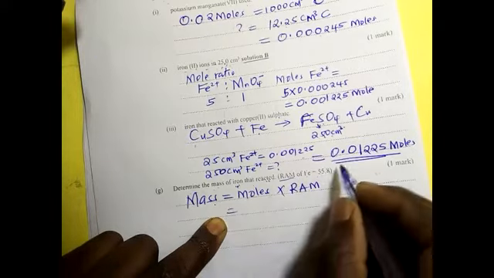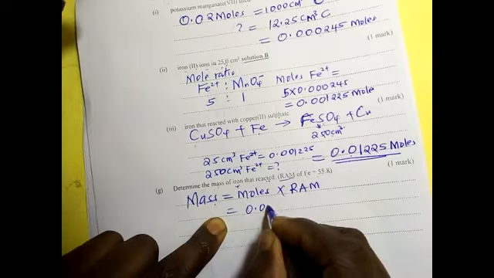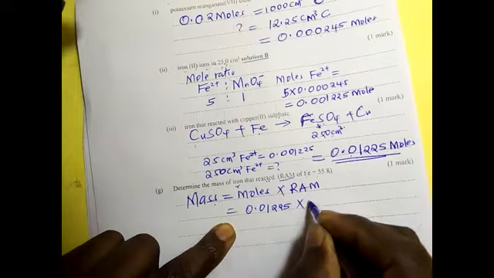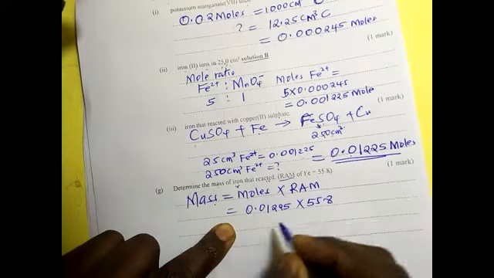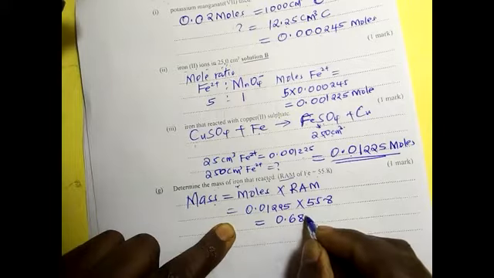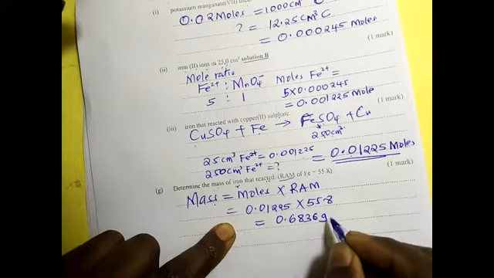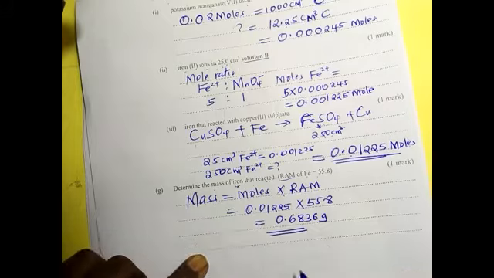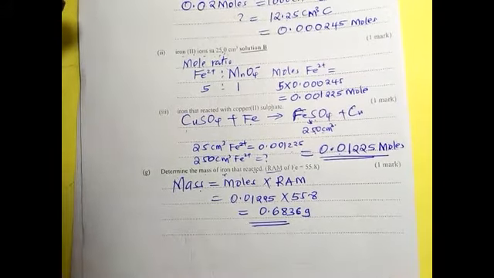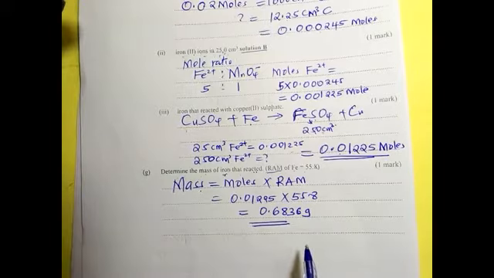We just take these moles times 55.8, which will give you 0.6836 grams. That is the mass of the iron that reacted with the copper.